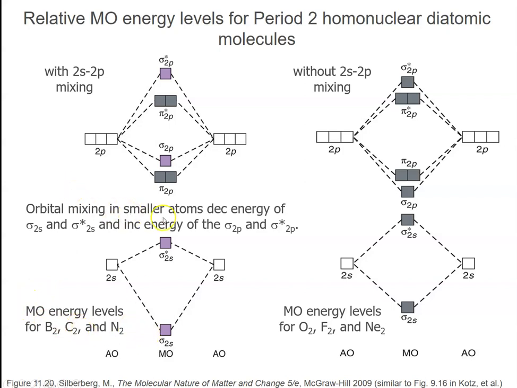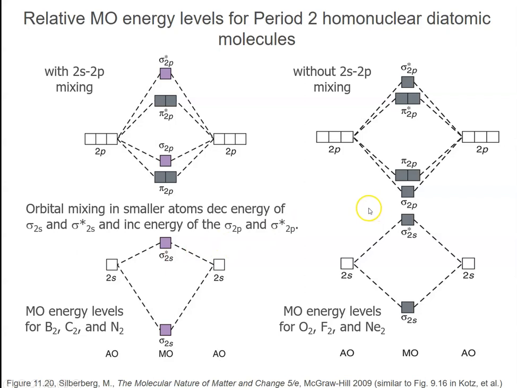What you can see here is that when we have some 2s, 2p mixing, we get something that looks like this. We have a decreased energy in the sigma 2s and the sigma star 2s. See how the sigma 2s is lower in energy here, and the sigma star 2s is also lower in energy.